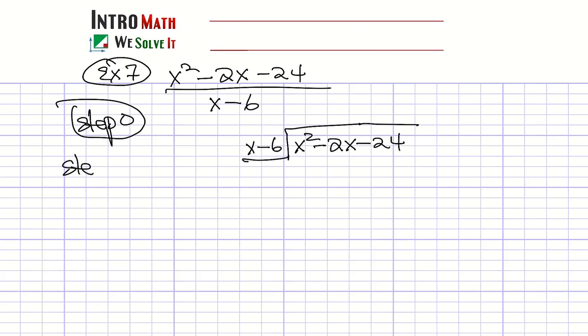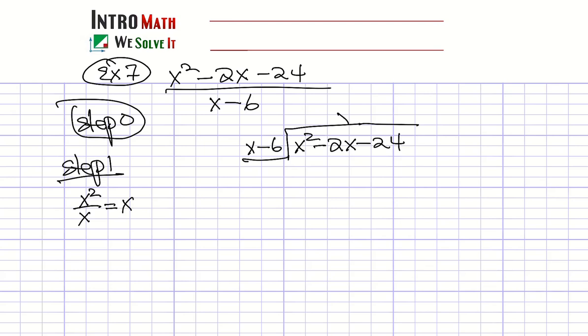Then you do step 1. Step 1 has many stages, right? You say x raised to the power 2 divided by x. You know where the x squared comes from. These are the leading terms of the divisor and the dividend. So you knock that out, you get x.